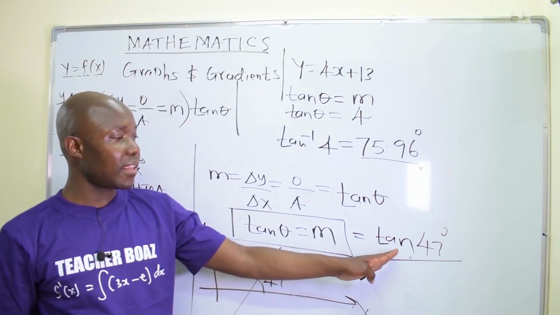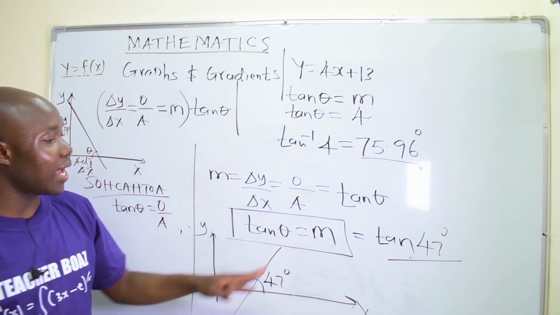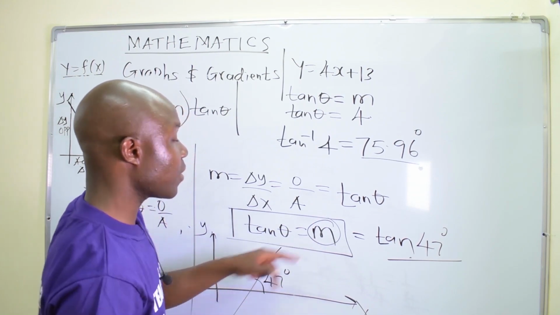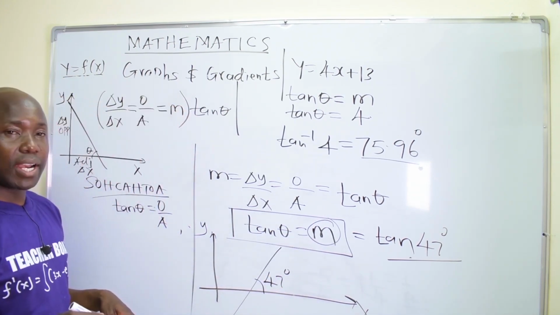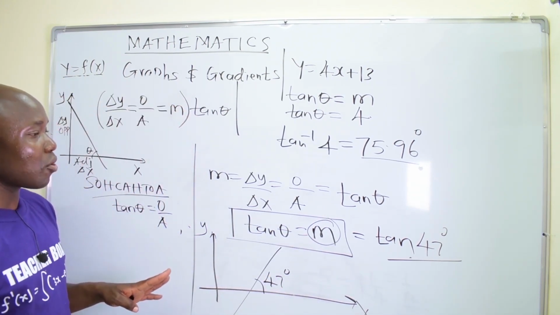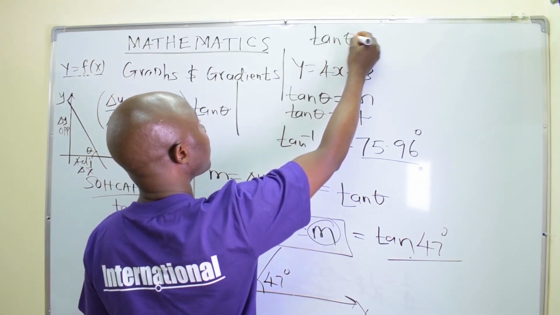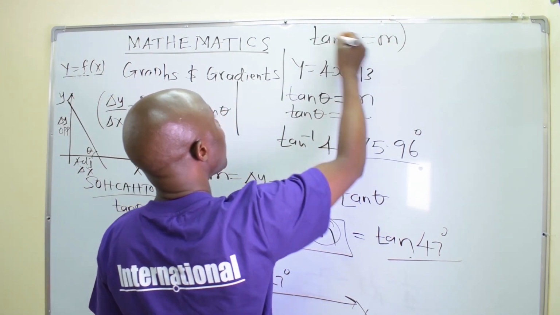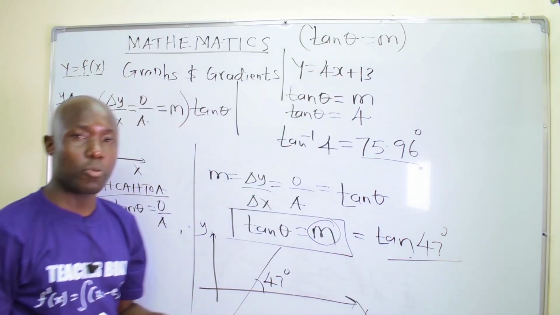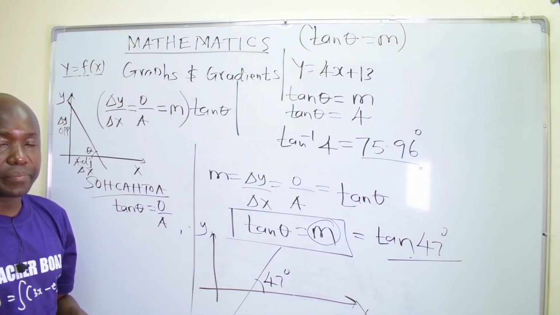So the moment you get the tan of the angle, you arrive at the gradient of that particular line. The most important concept I want you to note is that whenever we take the tan of the given angle, it is always equated to the gradient of that line.